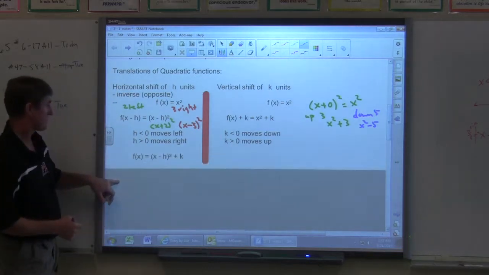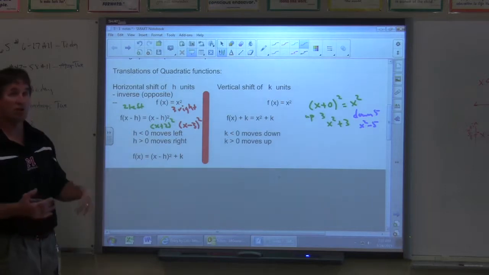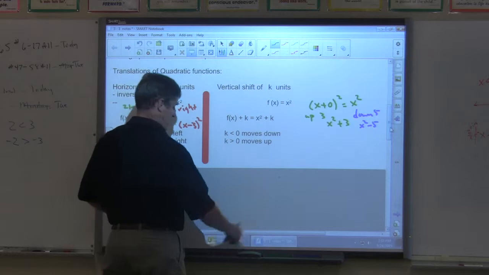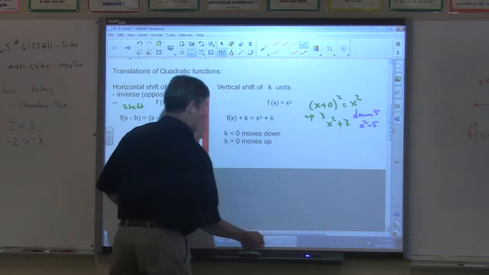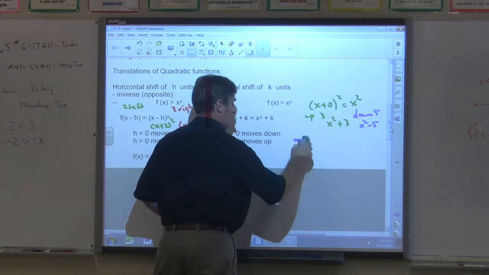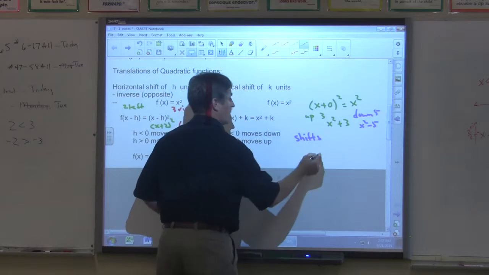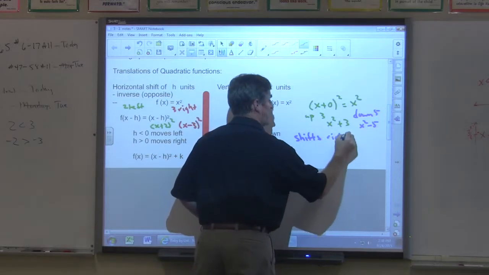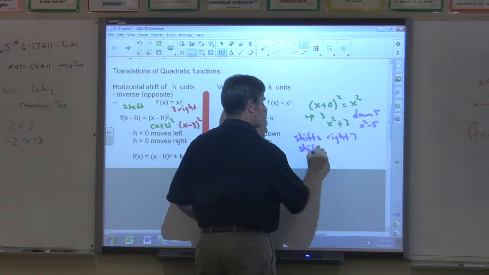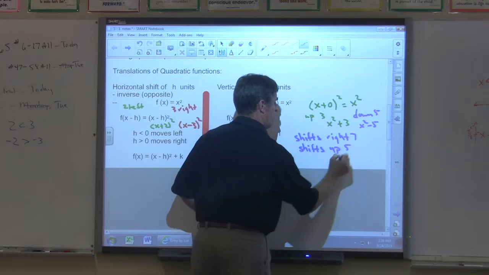And so we can do shifts of both. So let's say they ask us to shift right 7 and up 5.